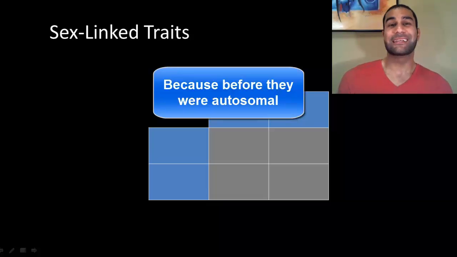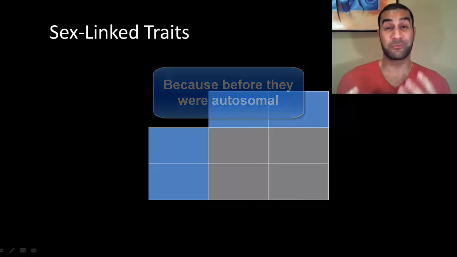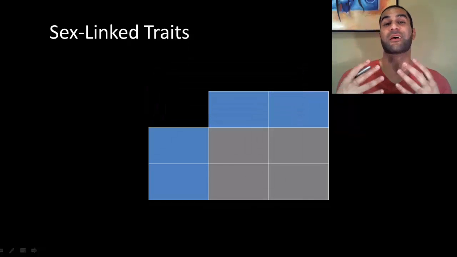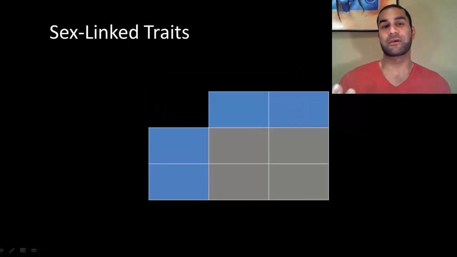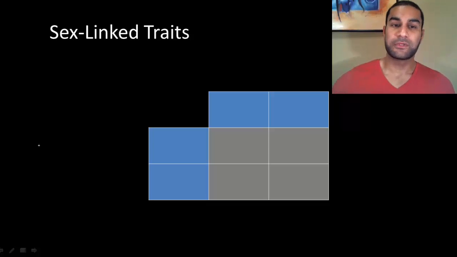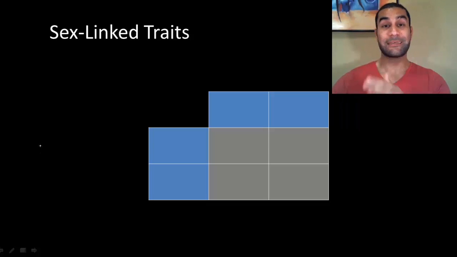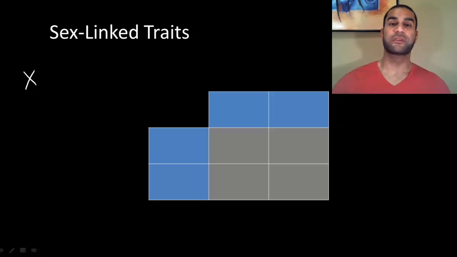We have to designate it as actually being on the X, because it does matter whether we're male or female, because remember, females will give 2 of those chromosomes, or 2 of those alleles, I should say, and males will only give 1. So when we're dealing with traits that are on the X, we'll always keep the X as our letter, and then we're going to have superscripts, kind of like we did with codominance, to represent the different types of dominance.